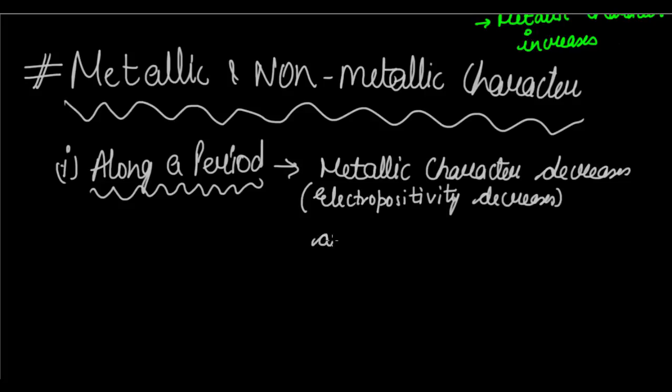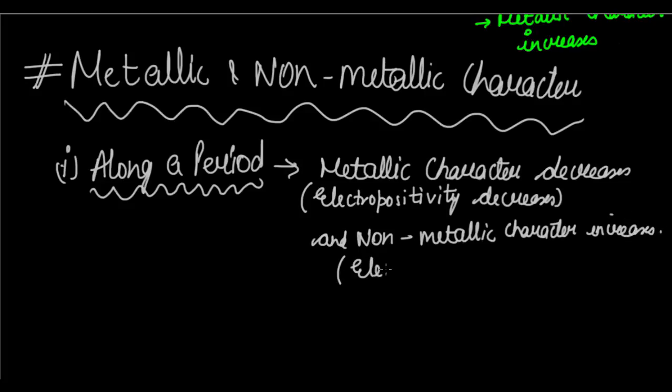And non-metallic character increases, and here you can say electronegativity, that is the property of non-metals, that is to form anions by gaining electrons, by pulling electrons towards themselves. Electronegativity increases. Right? So that is with your period.